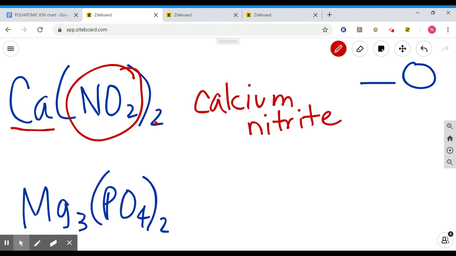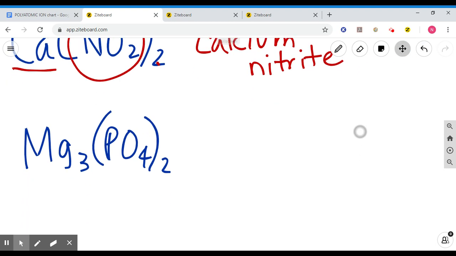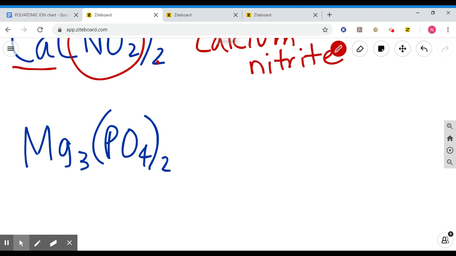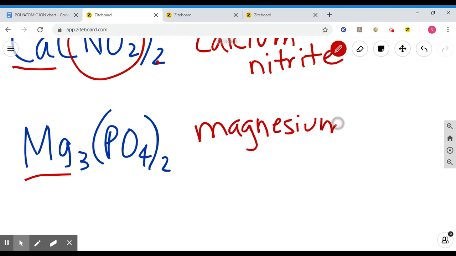All right, so we're just literally naming the ions. Okay, the next one we have is Mg. I'm underlining the first thing, that's magnesium. And then we have what's inside here, PO4, that is phosphate.